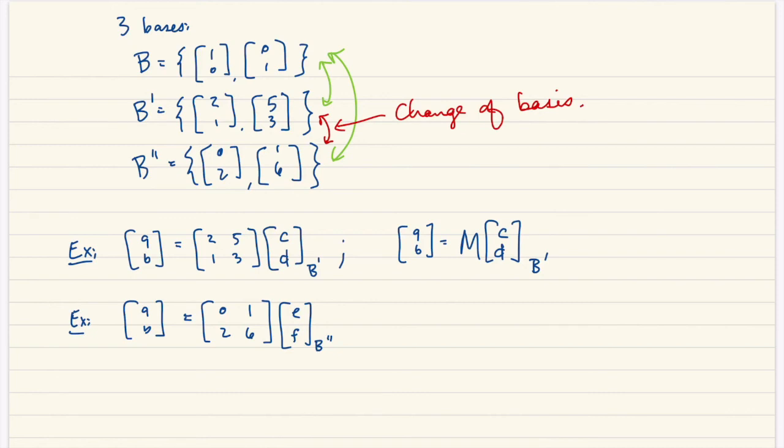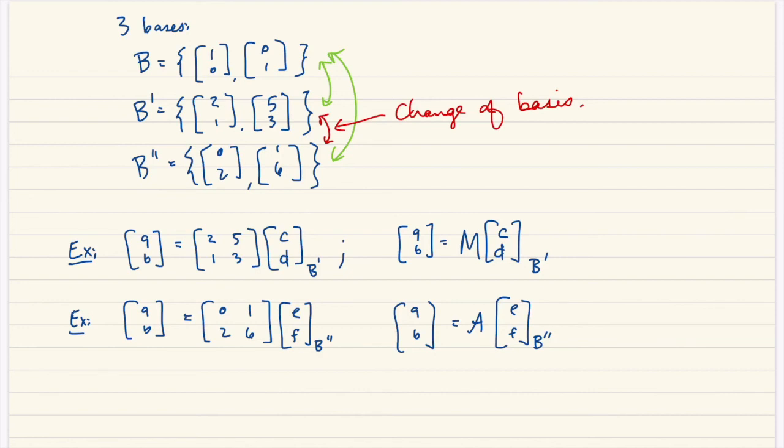Let's call that matrix A. So AB is equal to A times EF relative to the basis B double prime. And again, I want to just figure out how to go from one to the other, say from B prime to B double prime. It doesn't really matter which direction we go.